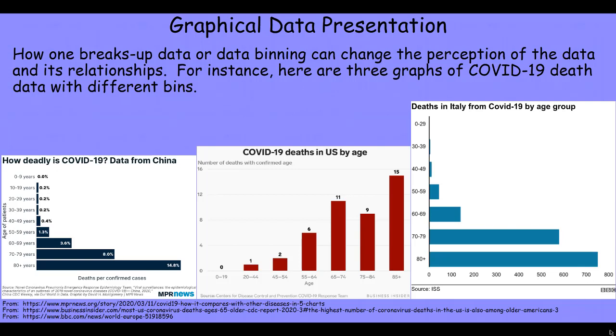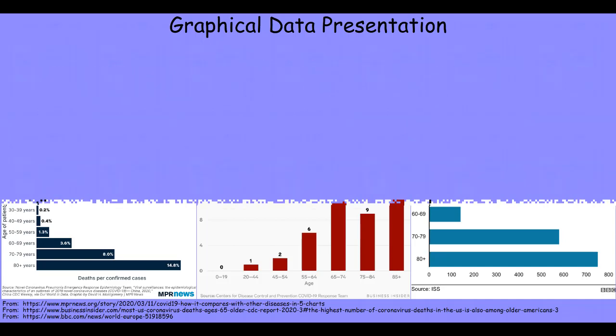This graph came from the BBC. So how you bin things, the units you choose, the groups that you make can dramatically affect things. And they can provide people with misleading perceptions of the data and its relationship to other bits of the data.